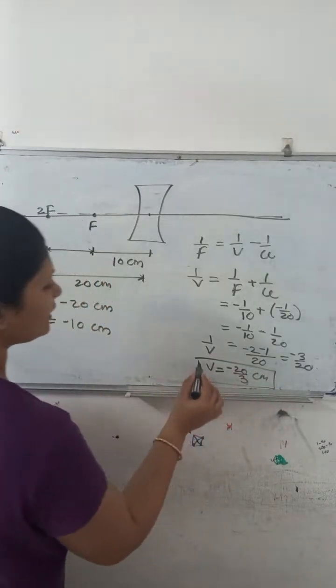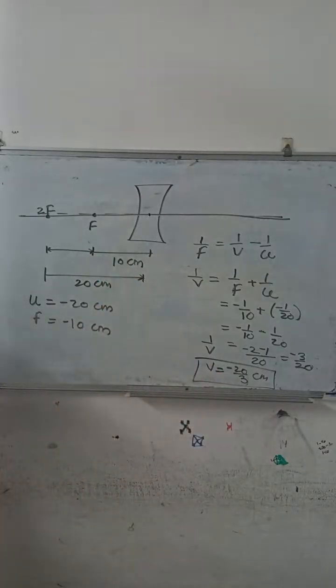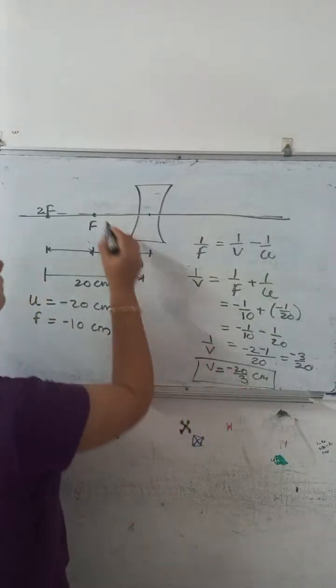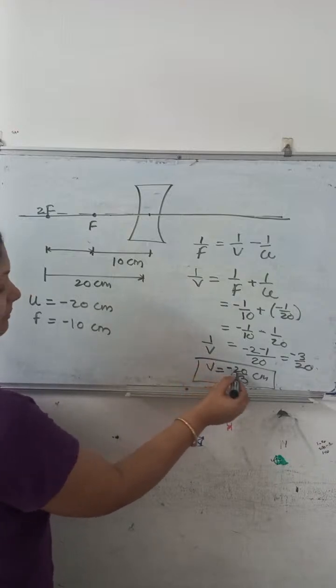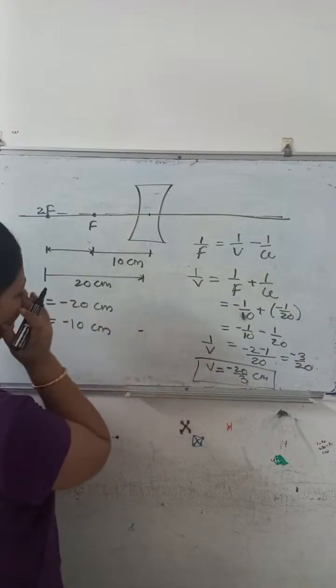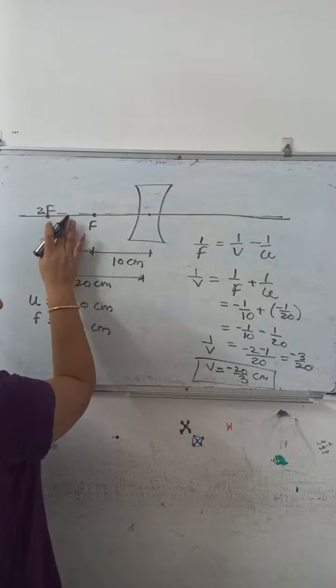So V I got is negative. Negative means it is an erect image, and it is also a virtual image, because it is forming in front of the lens on the same side as the object. So V is minus 20 by 3, that means the image forms somewhere in between the focus and the optical center.